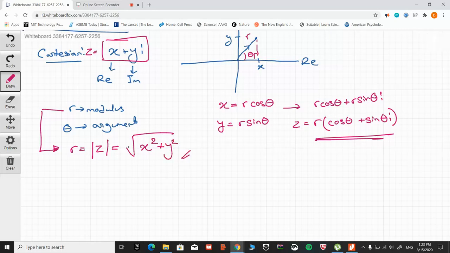Now, this is something you might have to remember as well. And the argument is essentially this angle. We talked a bit about argument before, where we said argument is always between minus 180 degrees and 180 degrees, or minus pi to pi, and that it is always measured from the positive x-axis.